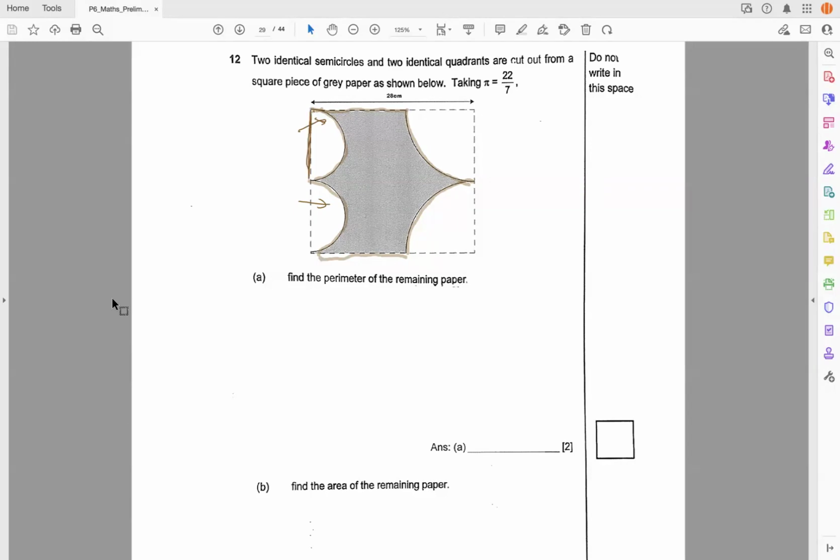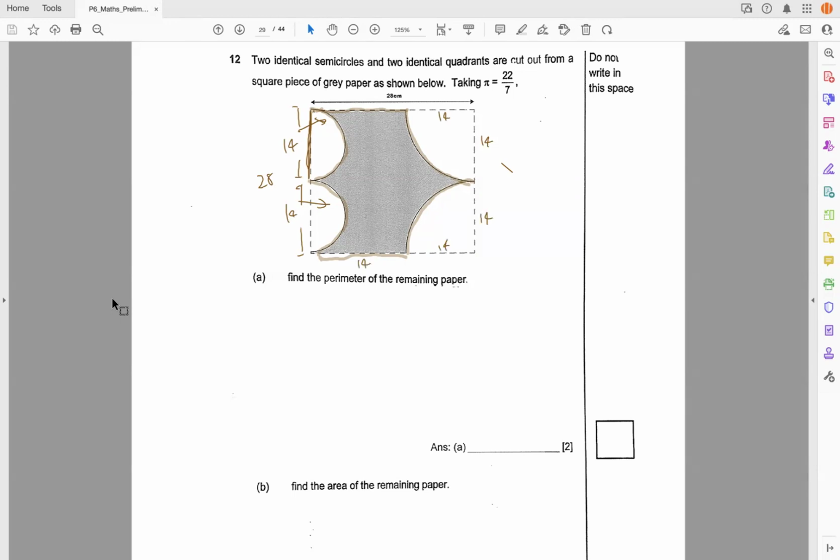Diameter is this. Okay. So this is 28, and then this is 28, and this will be 14, 14. This will also be 14, 14, 14, 14. And then if this is 14, this will be 14 also. Okay. Let's fill out everything.